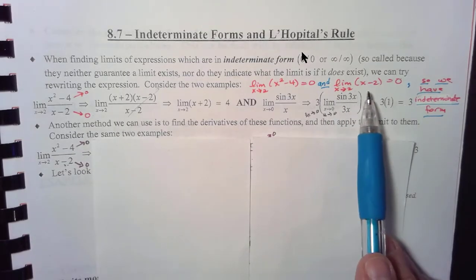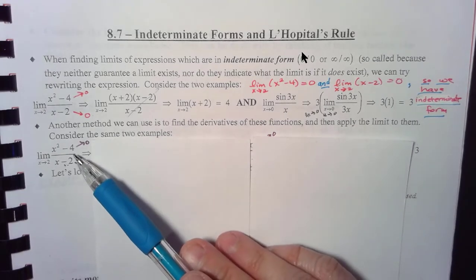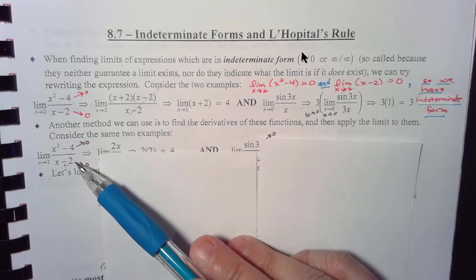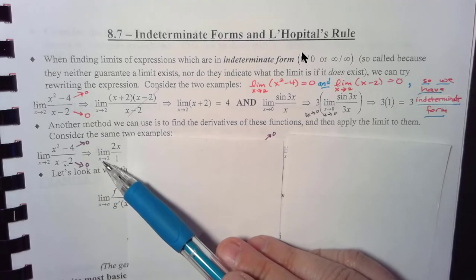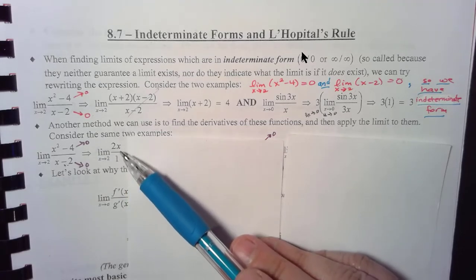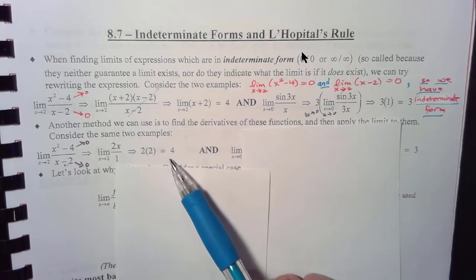Remember, proper way to write this is like this. So I'm going to take the derivative of x squared minus 4, which is 2x, and take the derivative of x minus 2, which is 1. You will notice if I substitute the limit as x goes to 2, if I substitute 2 in here, I no longer have indeterminate form. And so I can just apply the limit.